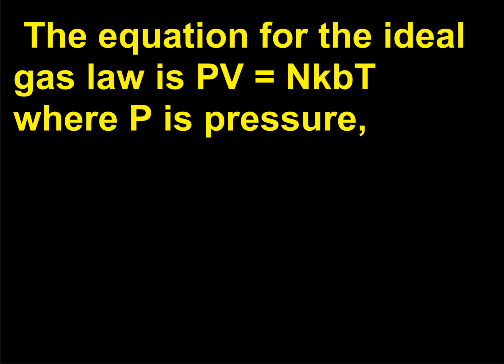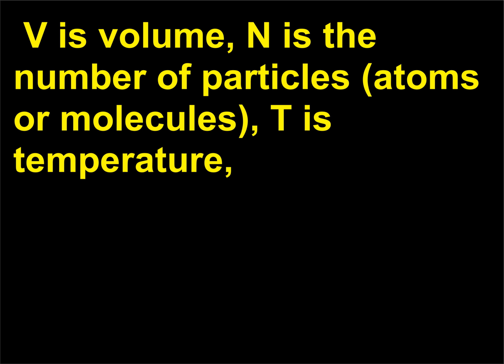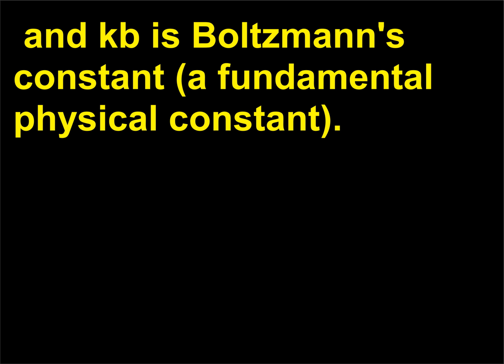The equation for the ideal gas law is PV equals NkBT, where P is pressure, V is volume, N is the number of particles, atoms or molecules, T is temperature, and kB is Boltzmann's constant, a fundamental physical constant.